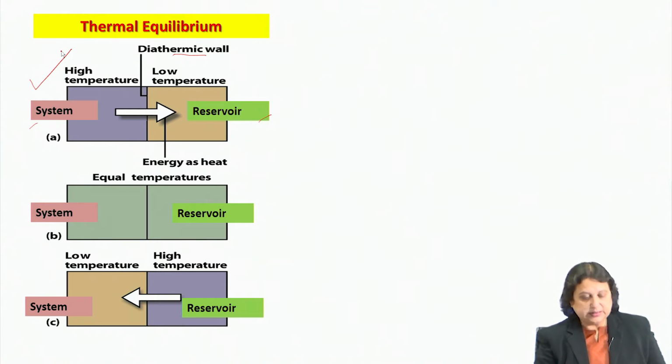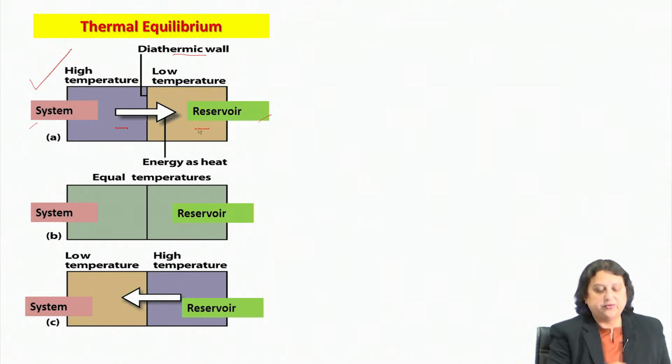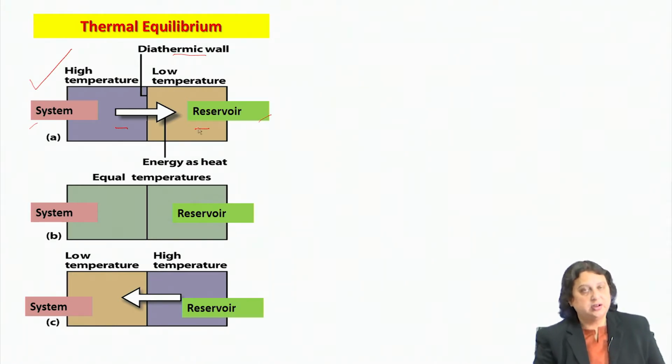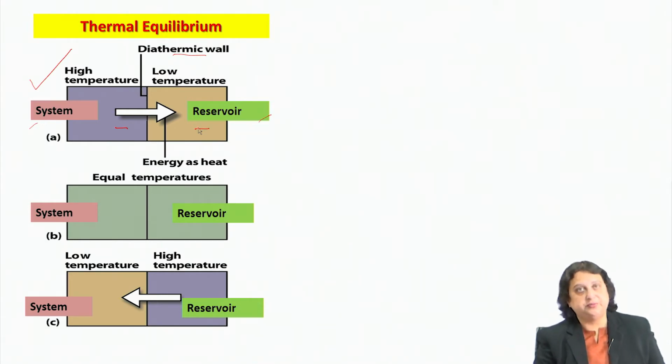As a consequence, there will be energy flow from the system to the reservoir in this direction, where energy will flow in the form of heat introduced by the difference in temperature between the system and the reservoir.